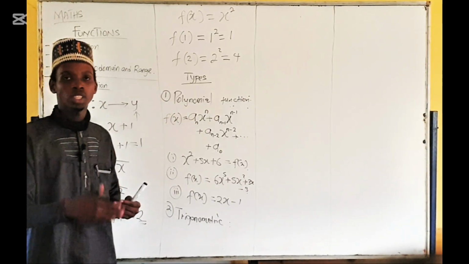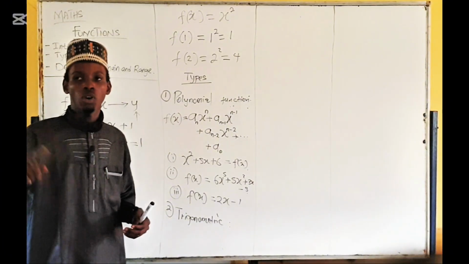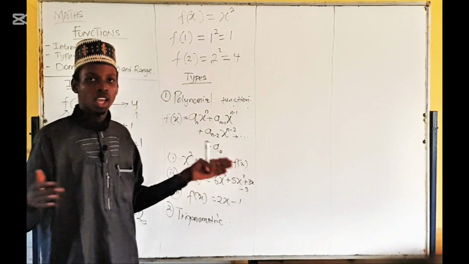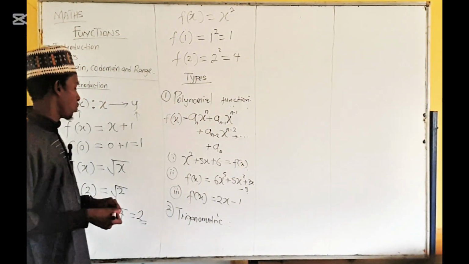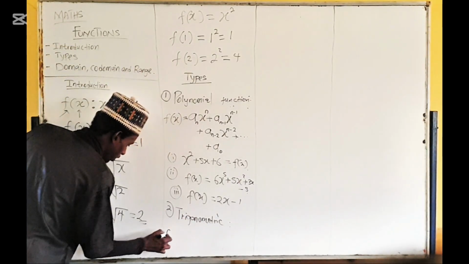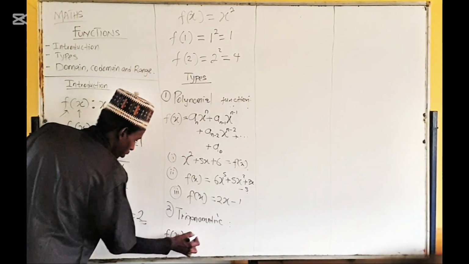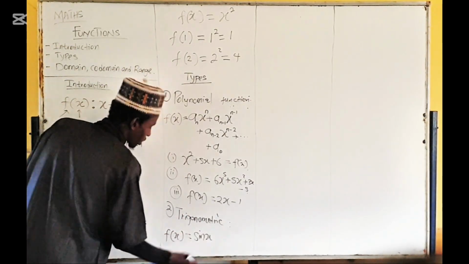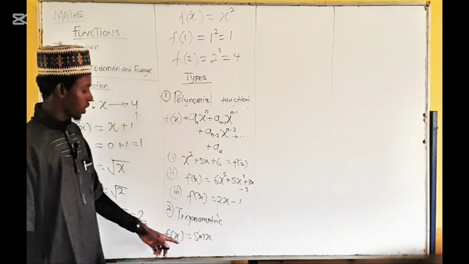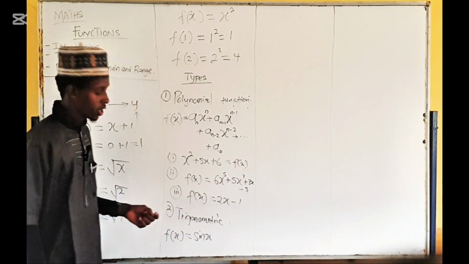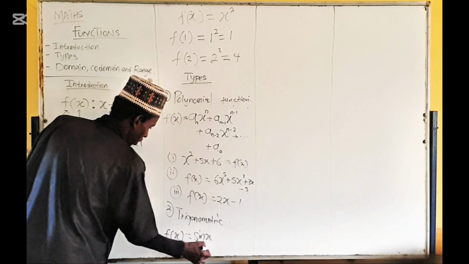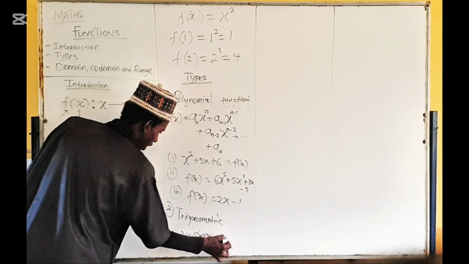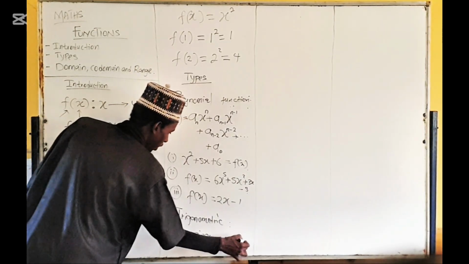They move continuously. If you plot it, they will go continuously, except if you are given a certain range. For example, if you have f of x is equal to sine x, sine x itself is a trigonometric function. Or you have f of x equal to cos x or tan x.